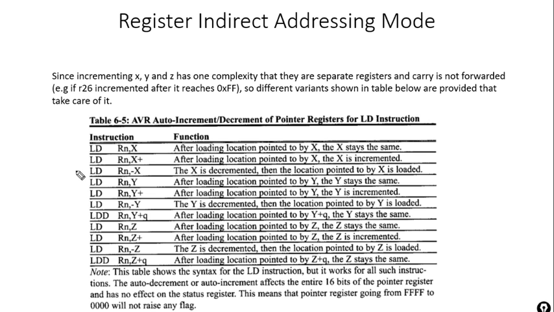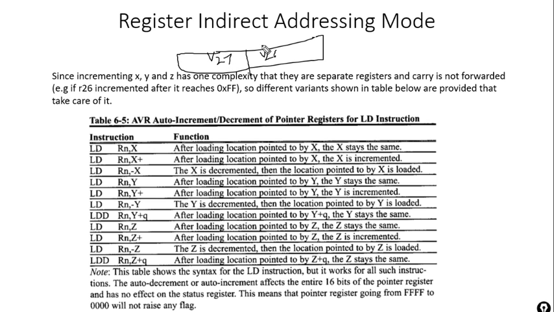There is one complexity which is solved by these variants: the registers X, Y and Z each comprise 2 separate registers. Let's say if I consider X, we have 2 separate registers, R26 and R27.